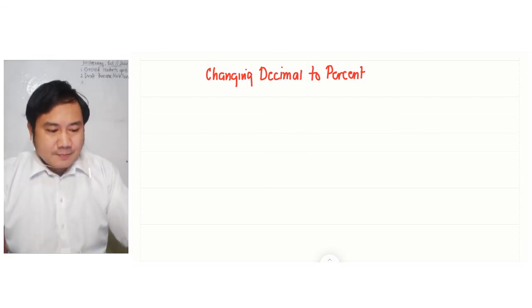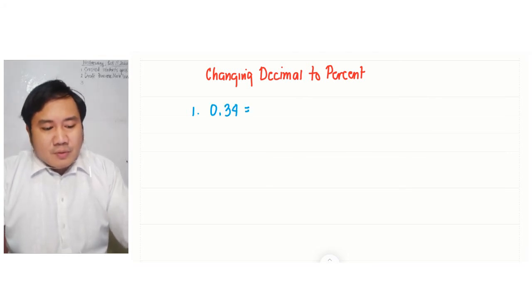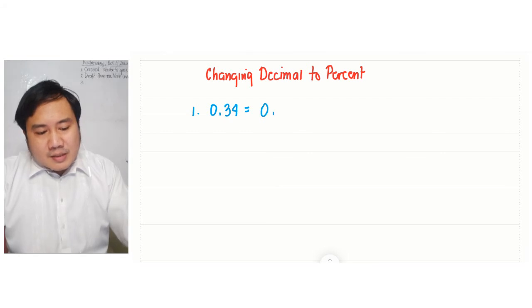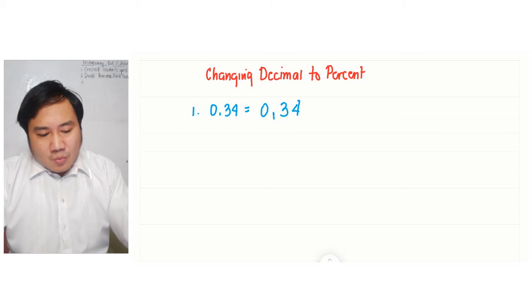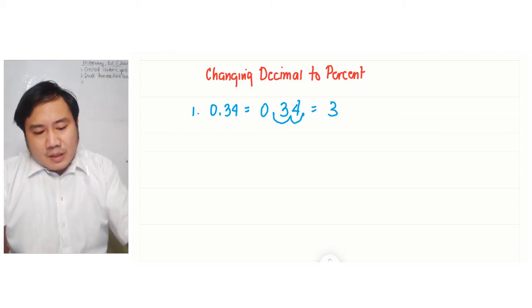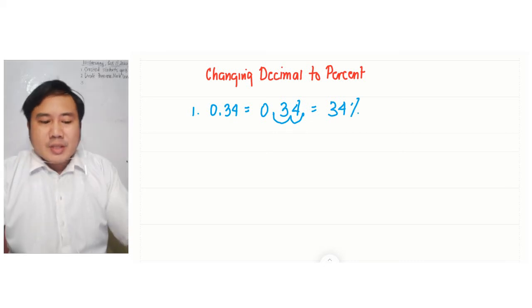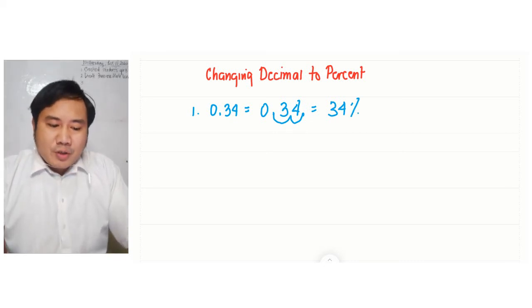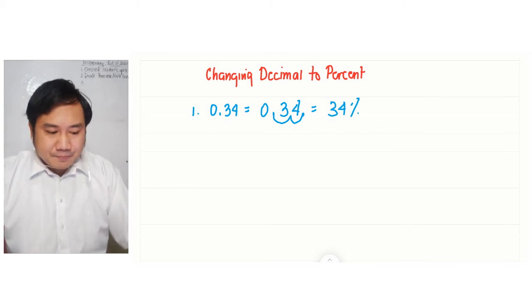Laging dalawa. Example, 0.34. So, move the decimal places always 2 decimal places to the right. 1, 2. And then, write the percent sign. So, 0.34 is 34% in percent form.